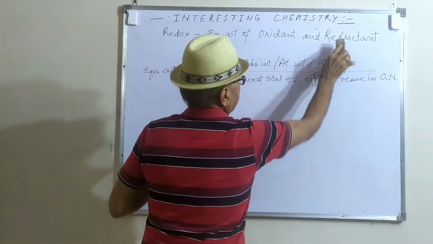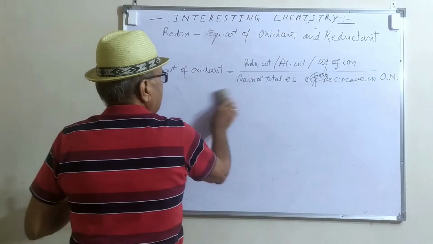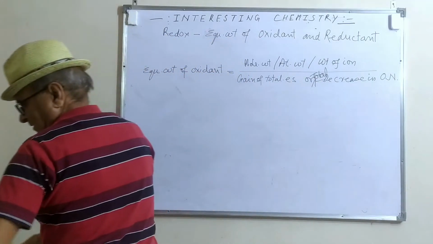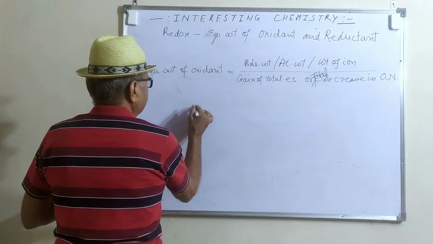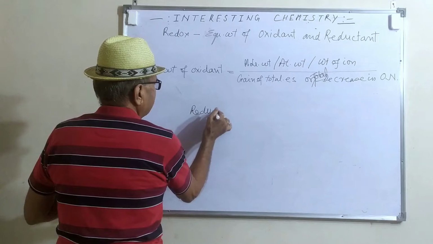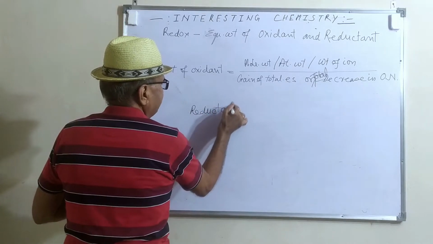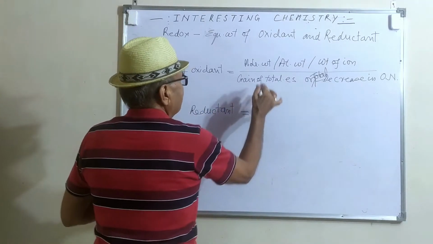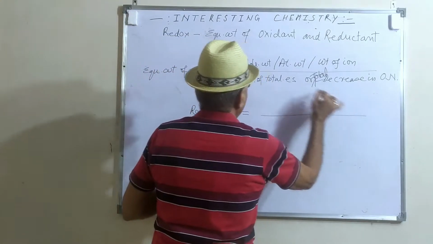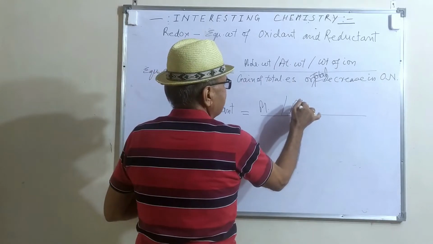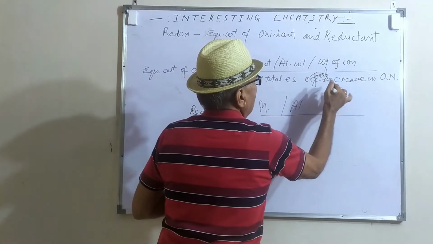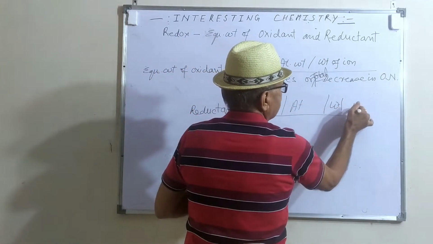This one is the reductant, so the formula will be the same. You can write here reductant equal to the molecular weight, atomic weight, or weight of ion, the same.